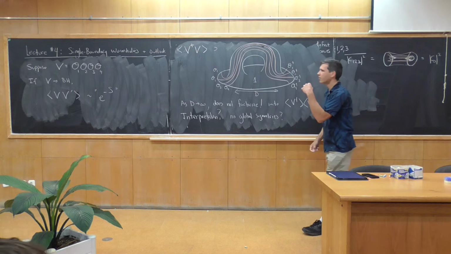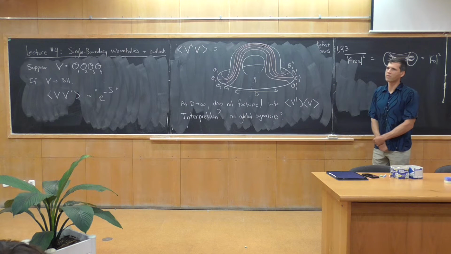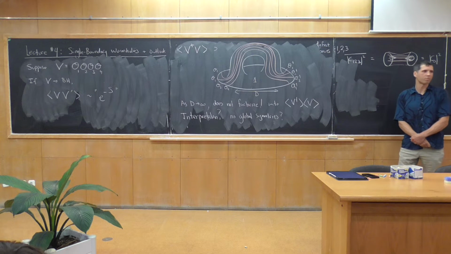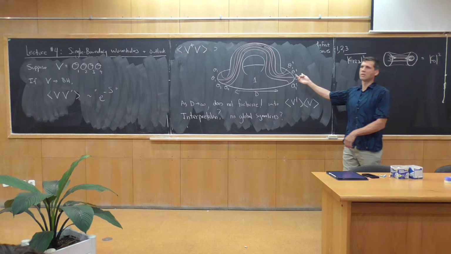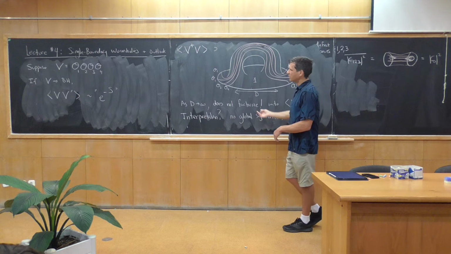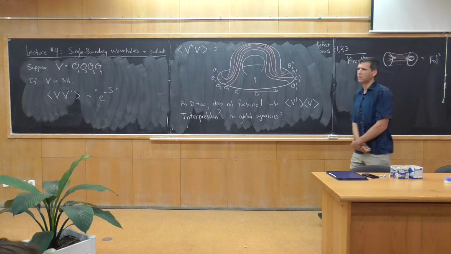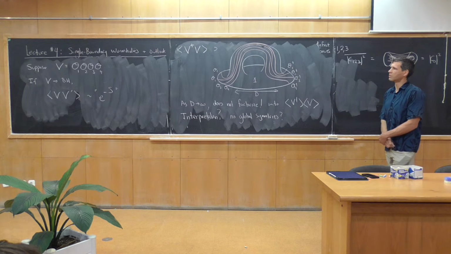We can take these operators to be charged so that they have zero overlap with the vacuum, but we can still get contributions like this and use them to calculate the magnitude of these exclusive amplitudes.